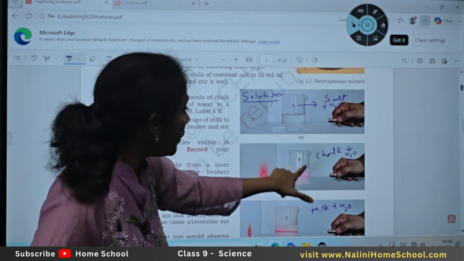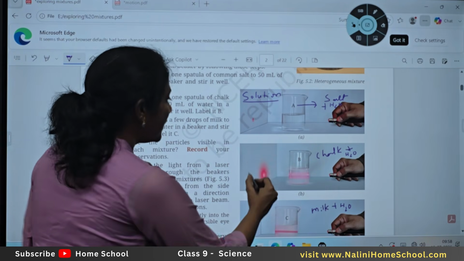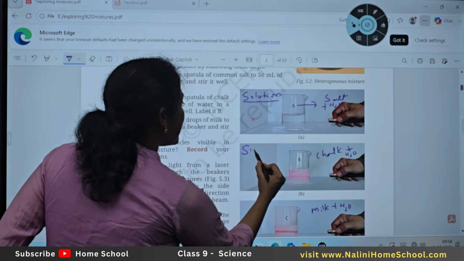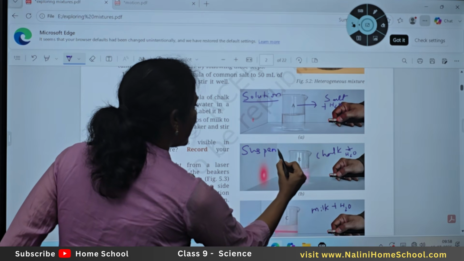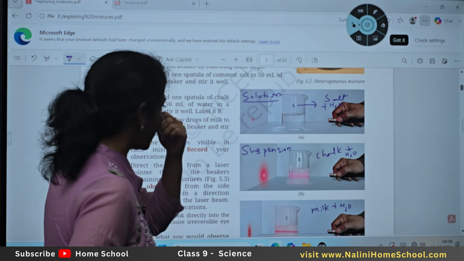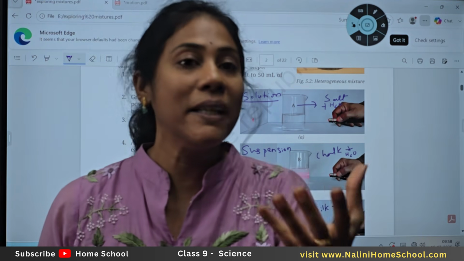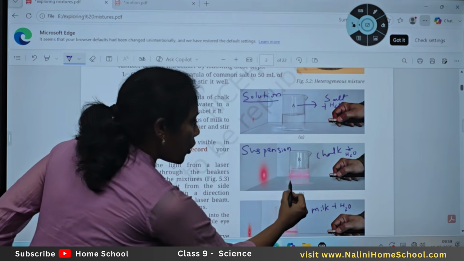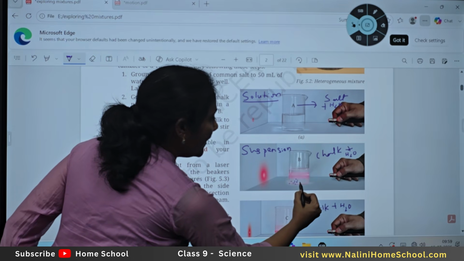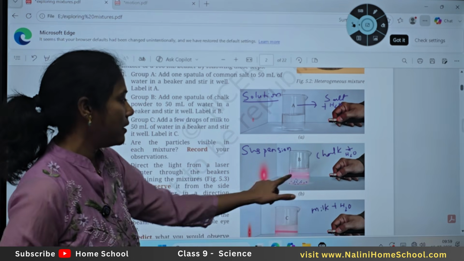But look at chalk and water. This is an example for suspension. Chalk particles are really bigger particles. Most of the chalk powder went to the bottom and got settled.